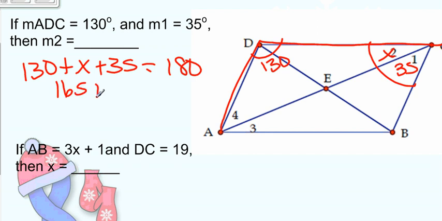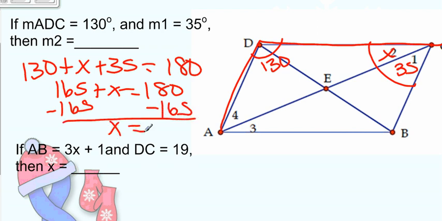So we'll get 165 plus x equals 180. Subtract the 165. So x will equal 15 degrees. Okay, so there the measure of angle 2 would have been 15. So we can double check ourselves. If we add 15 to 35, we'll get 50, and 50 plus 130 does indeed give us 180.